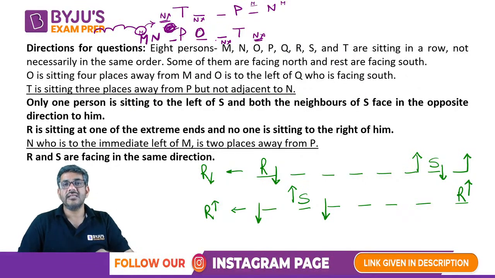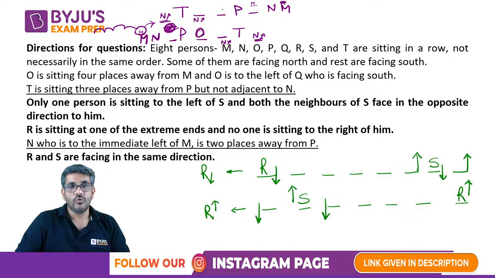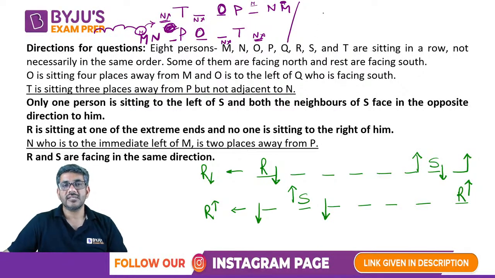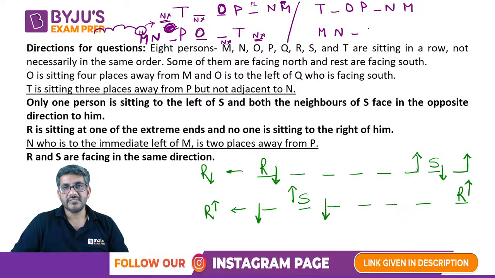And exactly in a similar way you can say that M has to be here and O has to be here. These are the two possibilities that I am going to occur. So मैं उनको थोड़ा साफ साफ लिख दे रहा हूं. First is T space O P space N M, and the second possibility M N space P O space T.